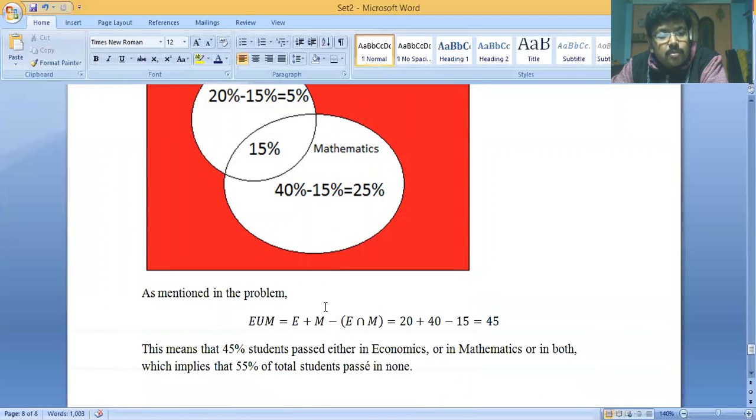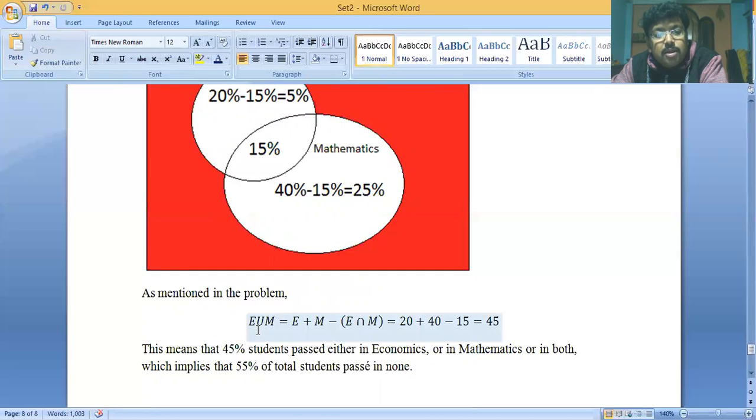As mentioned in our problem, economics union mathematics is E plus M minus E intersection M. So E union M is 20 plus 40 minus the intersection 15%, which is 45.